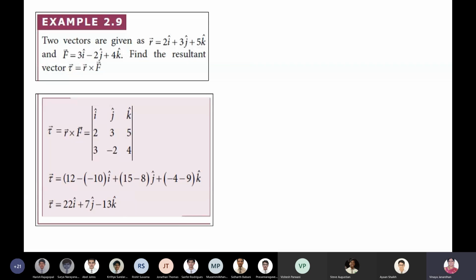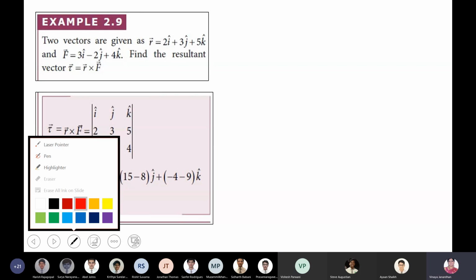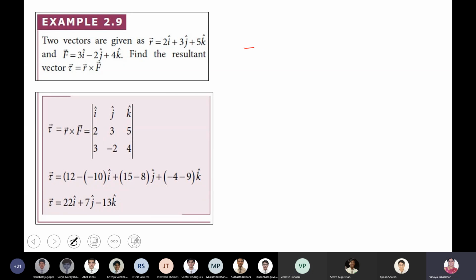Are you getting the same answer? Ma'am, I have a small doubt. Ma'am, for the J cap, shouldn't it be 8 minus 15? Wait. So J cap minus of 2, 4, 5, 3, right? I'm only doing J cap.